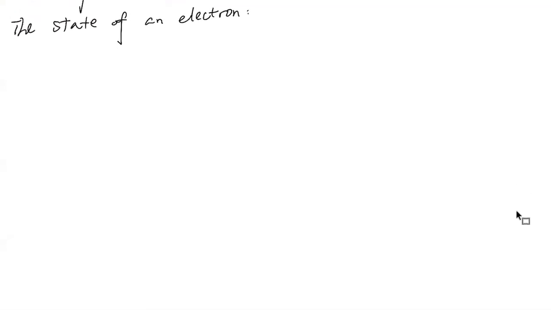The state of an electron, let's say phi for a single electron. Phi, of course, is a variable of r and s.